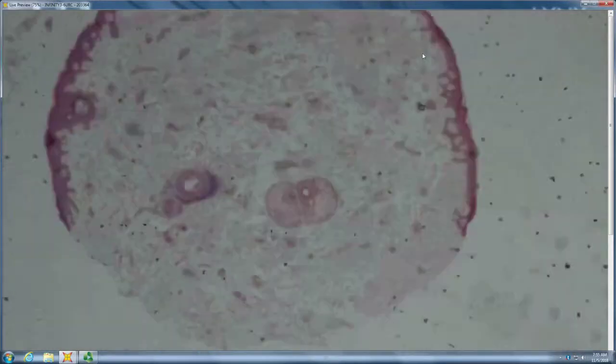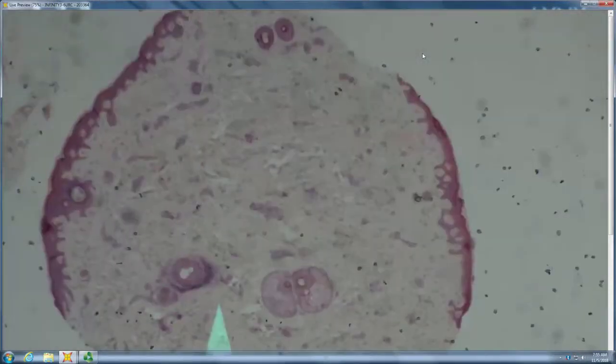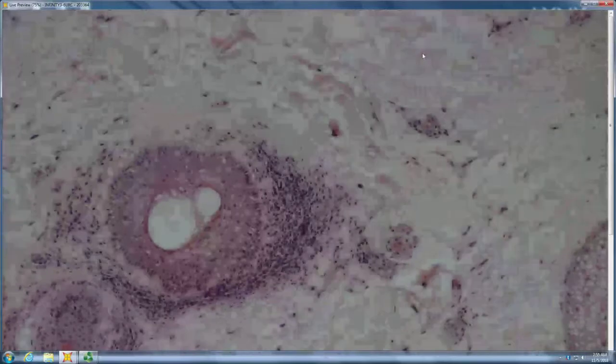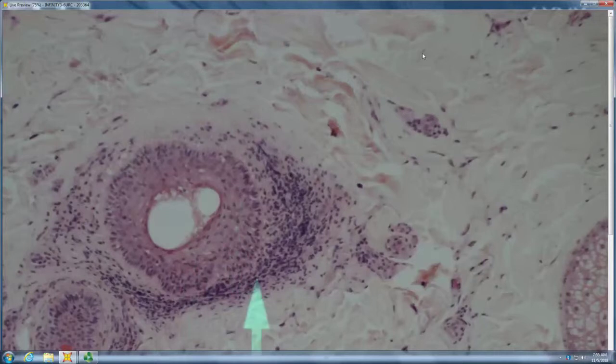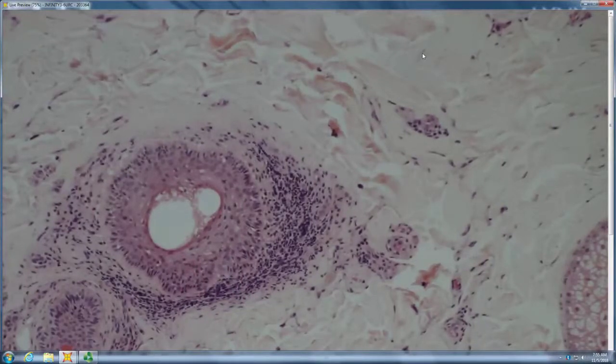It's like a sparse lymphoid infiltrate, kind of around the, what part? Pretty high. And there's spongiosis with it. That's usually just sebderm.